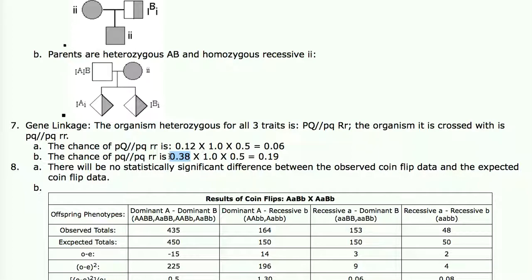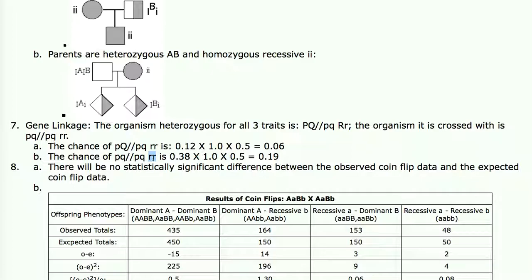And that means that 76% of the time you're not going to get any crossing over. And in that chance, you're going to either have little p with little q or big P with big Q. And in this case, it's little p with little q. Well, it's 50-50 for that. So half of the 76, or 38% chance of this, 100% chance of that, because the other parent is recessive for everything. And the chance of being little r is 0.5.